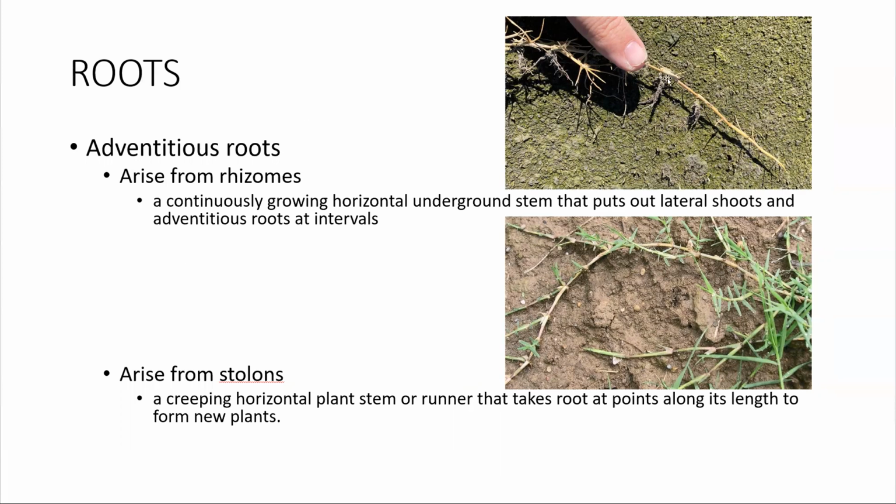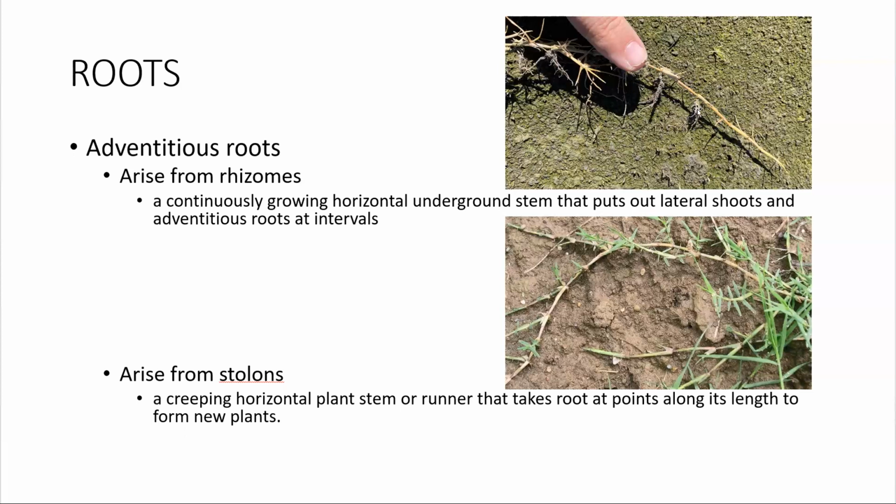Okay, so on the top picture here, we see a picture of rhizomes. A rhizome is a continuously growing horizontal underground stem that puts out lateral shoots and adventitious roots at intervals. Okay, so the rhizome is technically a stem. It's a modified stem that grows underground.